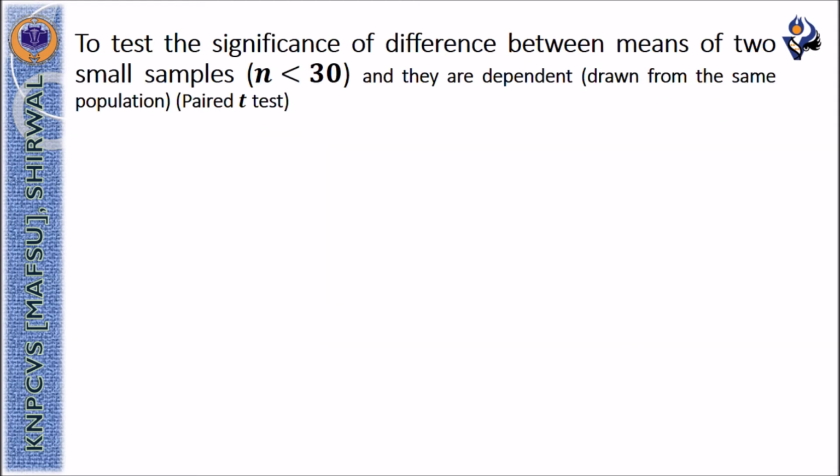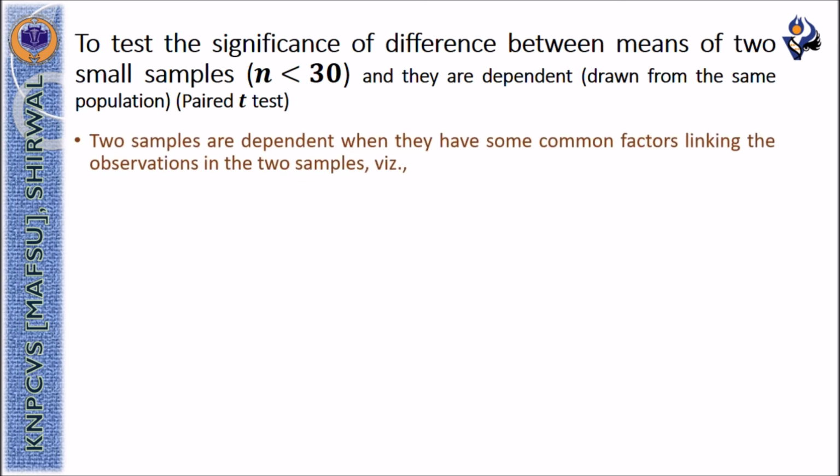T-test is also conducted to test the significance of difference between the means of two small samples and they are dependent on one another. That is to say that the samples are drawn from the same population. This is also known as a paired t-test.